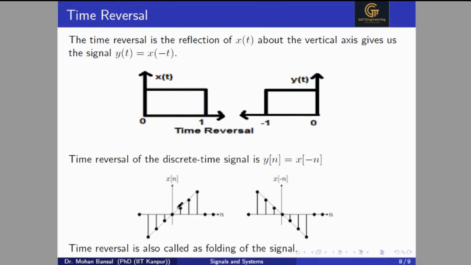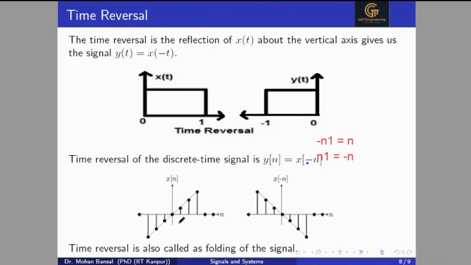Now in the discrete time signal, if we write this minus n as n1, we get n1 equal to minus n. So we see this is x(n). For n equal to 1, you will get the same value at n1 equal to minus 1.